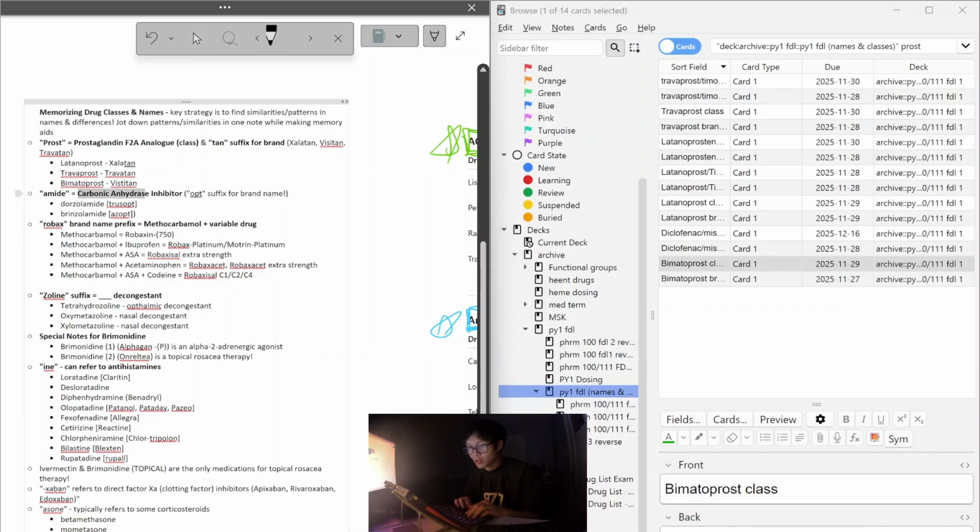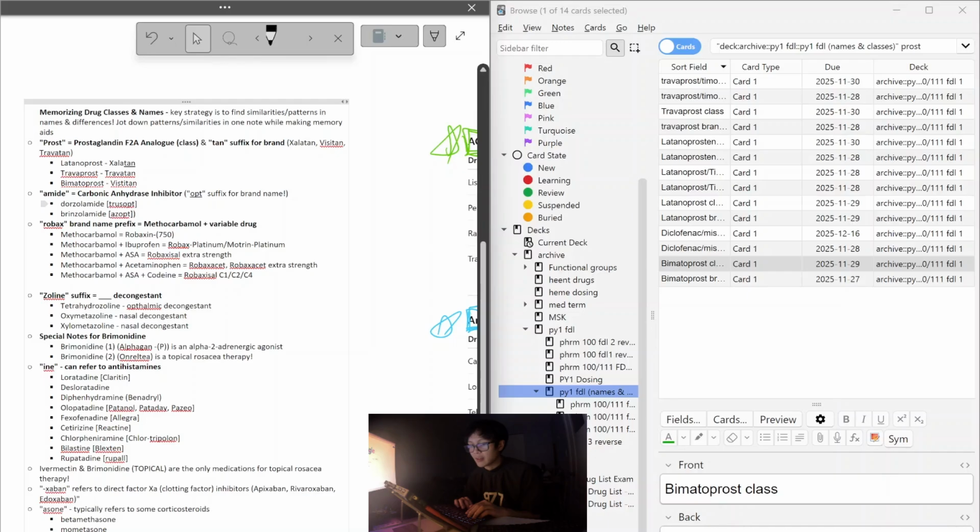Another example here: when we're looking at carbonic anhydrase inhibitors, which are presented by the generic name ending in amide, we can see that in the brand name there is the suffix opt.